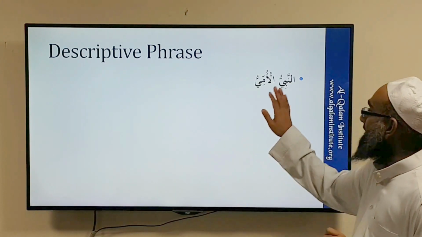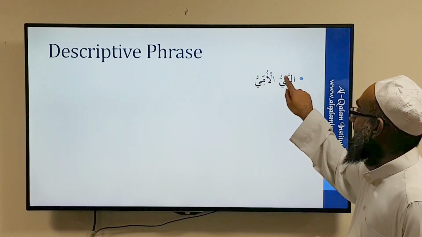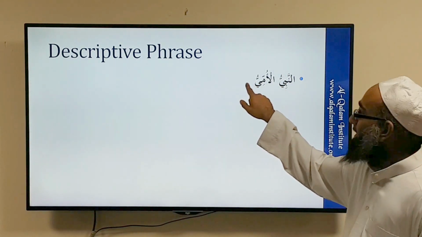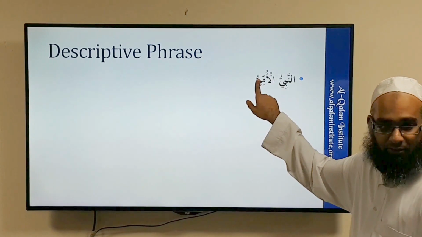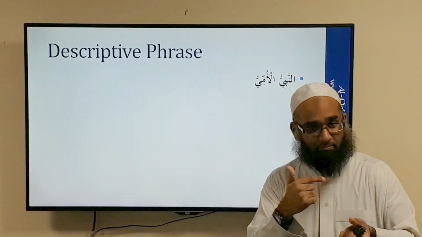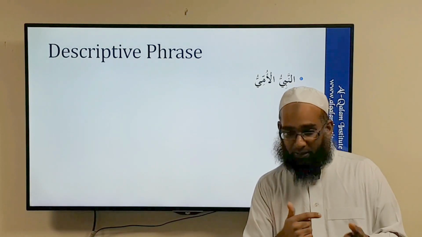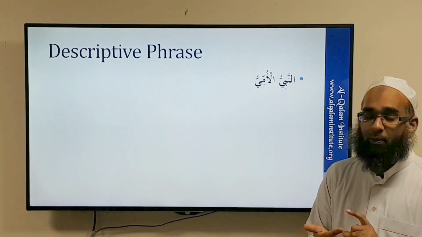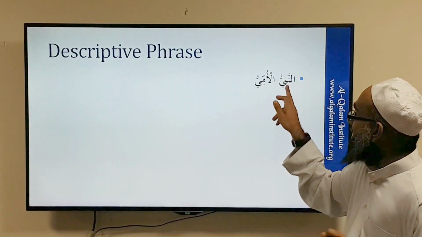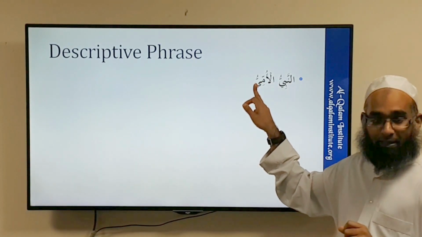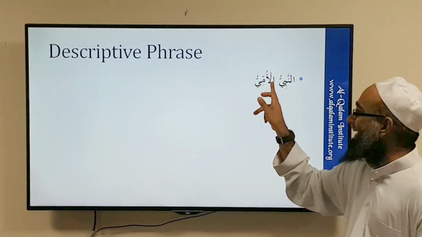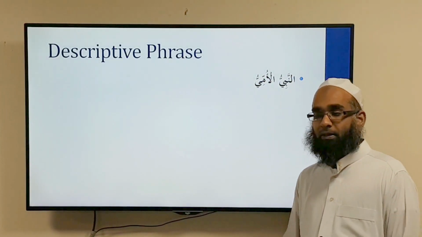So for example, if you want to make this into mubtada khabar, what would you say? An-nabiyyu ummiyun. The Nabi is unlettered. And when you make this, if they disagree in ma'rifa nakira, they become mubtada khabar. And if they agree in ma'rifa nakira, what do they become? Noun and adjective. So this is the unlettered prophet. And if it was a sentence, it would become an-nabiyyu ummiyun, the prophet is unlettered. Make sense?